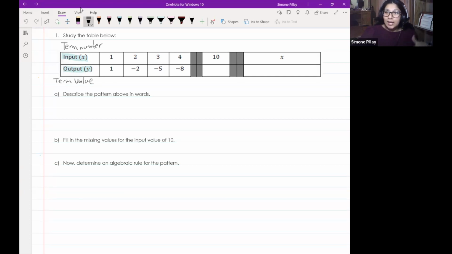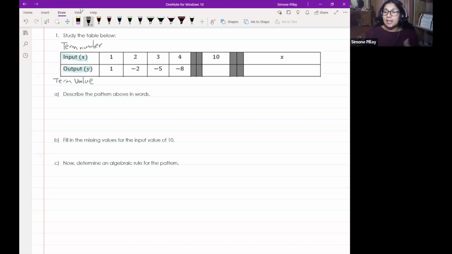When they say, okay, number 21 on the class list, does that mean that the child's name is 21? No, 21 is just the number on that list. So the term number is not the term itself, it's just the number of the term in the pattern. And the term value is like the name on the class list.